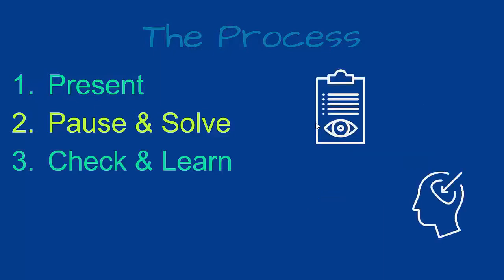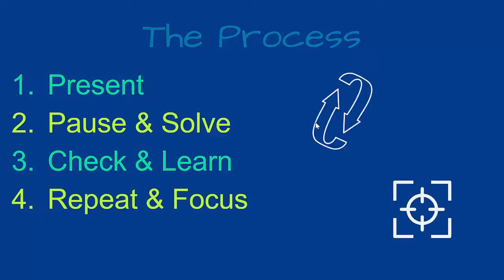Step number 3 is you check your work and you learn or think about the strategy I'm trying to show you so that you can then repeat the process and focus on that strategy.